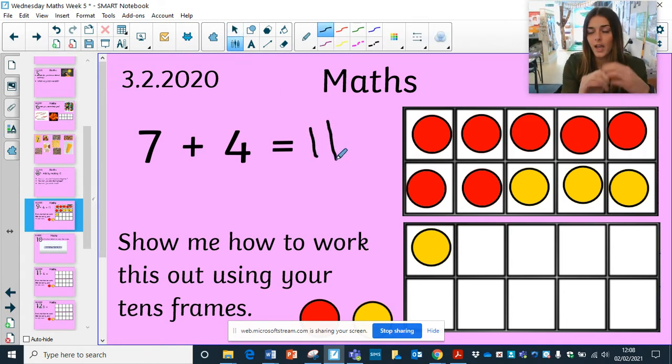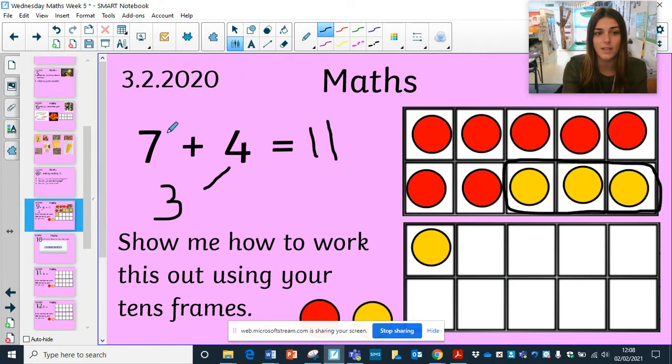A way to support you with that is to partition the number, which we've done a little bit of with numbers. You split the 4 to show that this 3 is what you added to your 7 to make 10. I'll do my best with my pen.